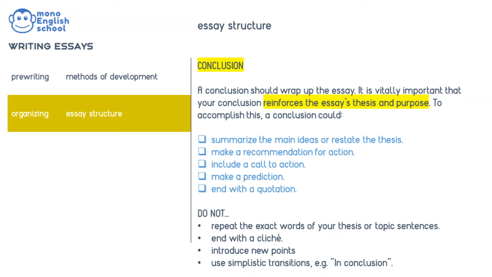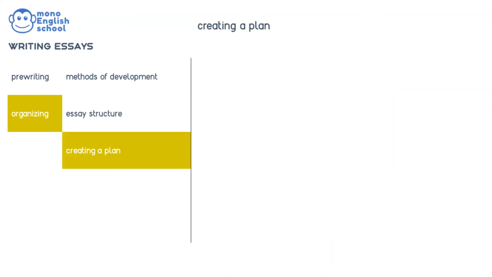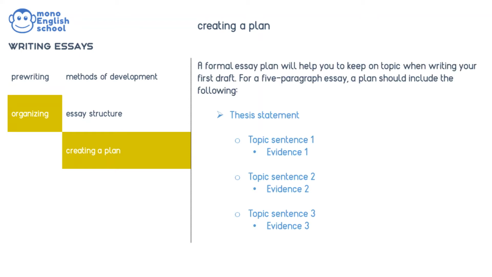The final aspect of the organizing stage of the writing process is creating an essay plan. A plan helps you to keep your writing focused when you write your first draft. Begin with writing your thesis statement at the top of the page.